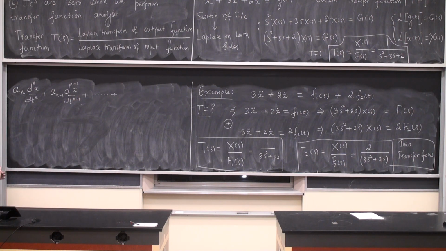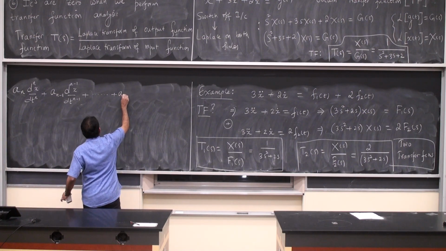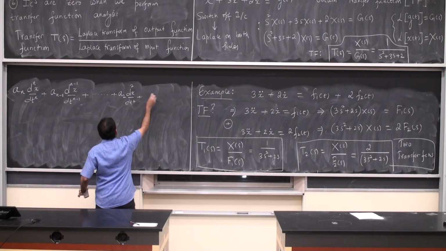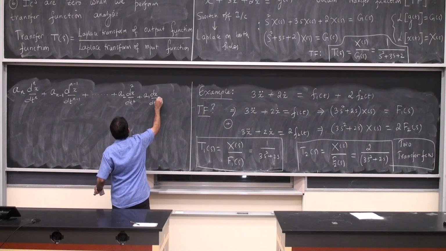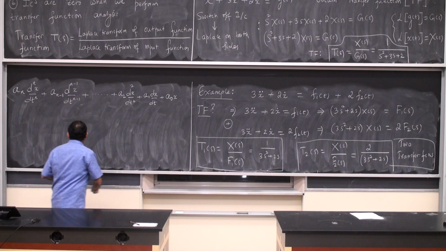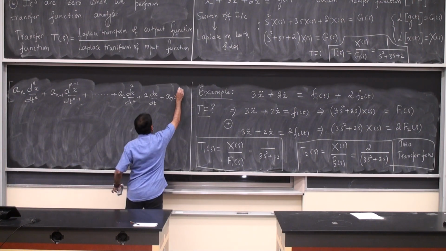Go all the way. I get the second, first, and the 0th coefficient. So a2 d square x by dt square, a1 dx by dt, a0 x. This is the system ODE.